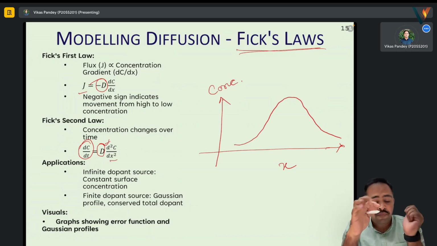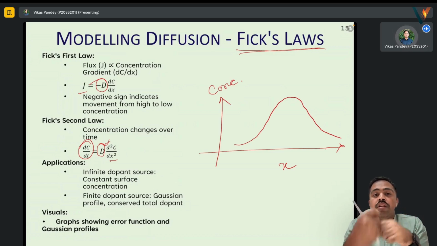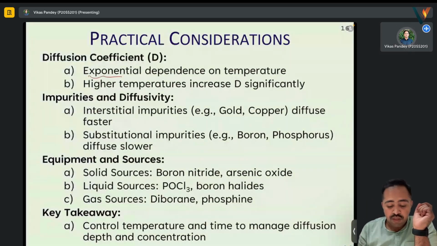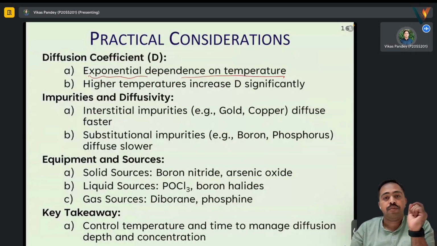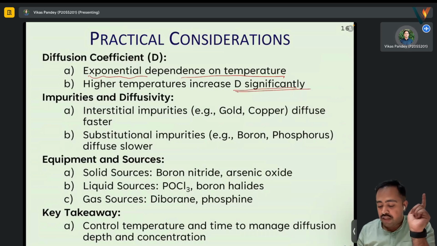Okay, so what are the practical considerations for this diffusion? One is the diffusion coefficient D. It has an exponential dependence on temperature. So temperature will also play a role. In fact, the diffusion process takes place at higher temperature, not at room temperature. Higher temperature increases D significantly, and that is why it is done at higher temperature.